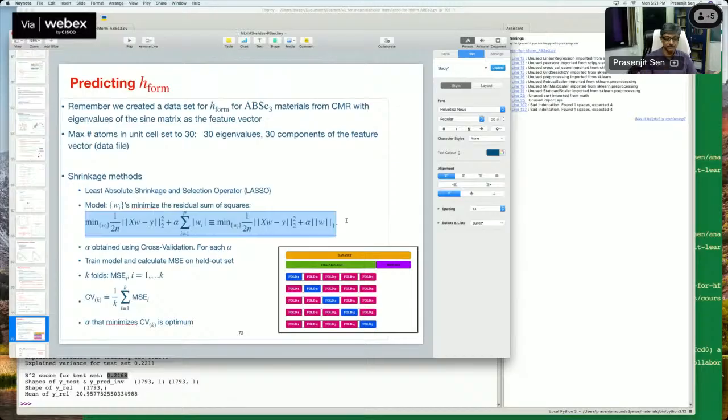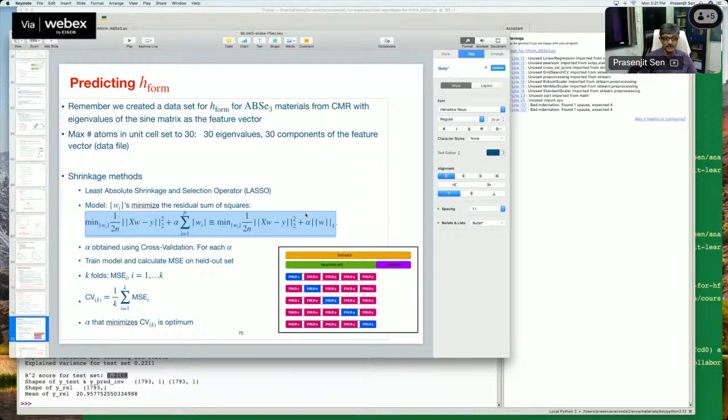If we cannot finish this, I'll continue next time. So here, what it does is it puts a penalty. So it tries to regularize these coefficients. And in fact, what happens in this lasso, which is called the least absolute shrinkage and selection operator, is that some of these coefficients can turn out to be exactly zero.